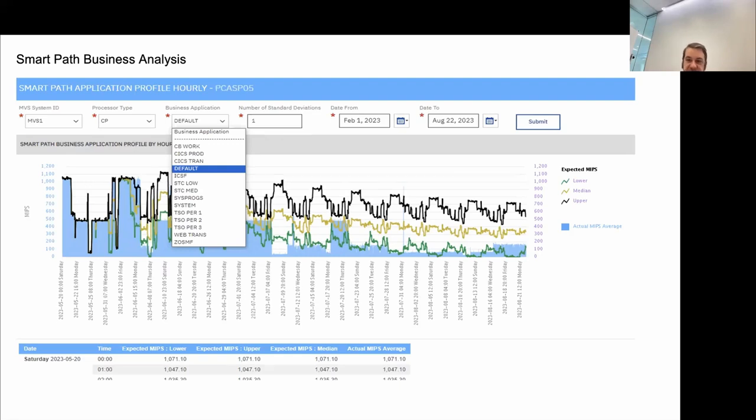Those line charts represent the yellow one, which is the median, where we would probably expect the workload to run. We then have an upper and lower bound, which can be set in terms of the number of standard deviations from that median. And the blue area is a bar chart showing the actual observed MIPS usage for that hour across the weeks and months that we're showing here.